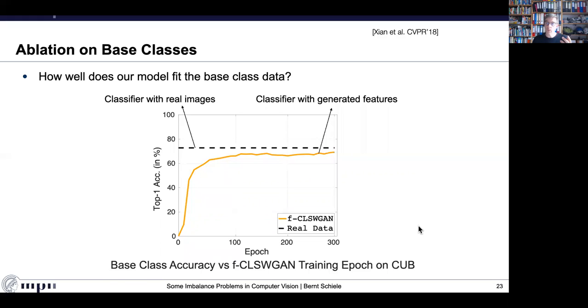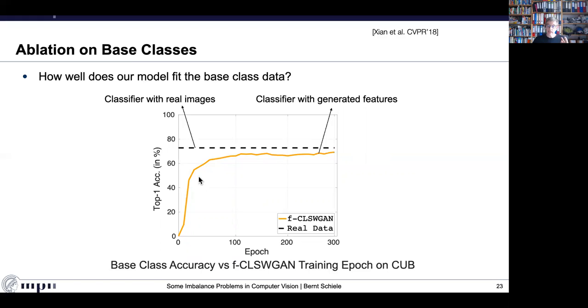Let's have a look at how well I can generate features for my base classes. Here, we're checking how good this generator can generate features for my base classes. If I use the real images, I get this performance, which is some 70-something percent of classification accuracy.